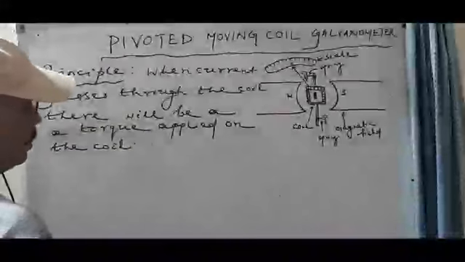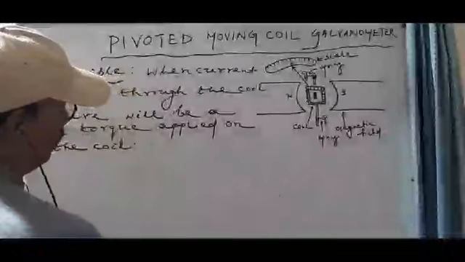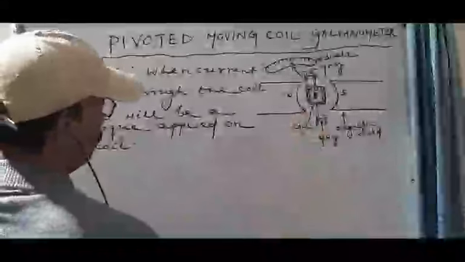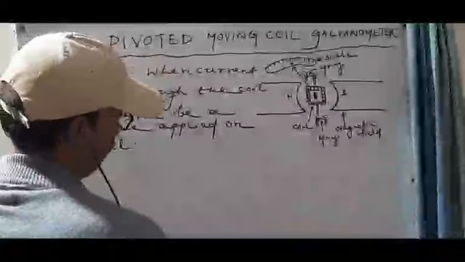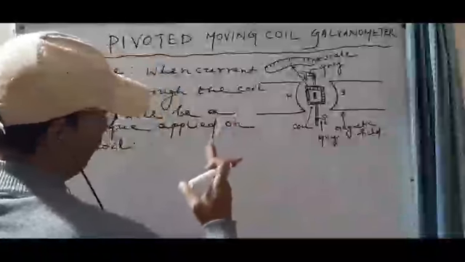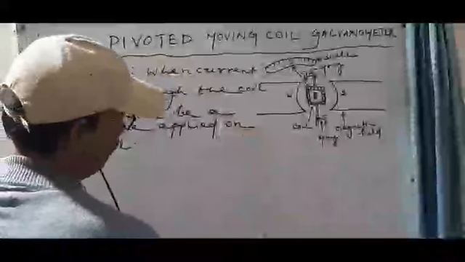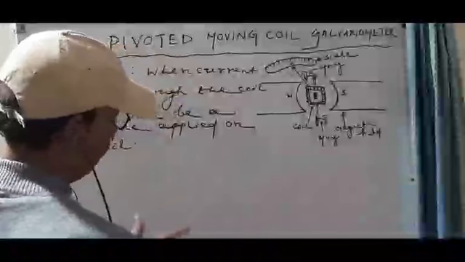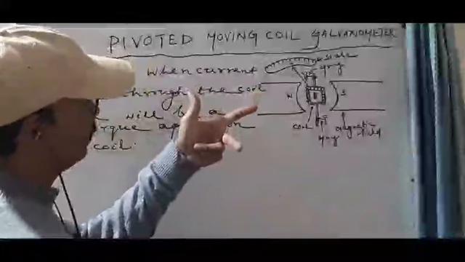So this is the principle, because the coil is in the magnetic field, and when the current passes through the coil, then due to the magnetic field and current, there is a force applied according to the left hand rule.